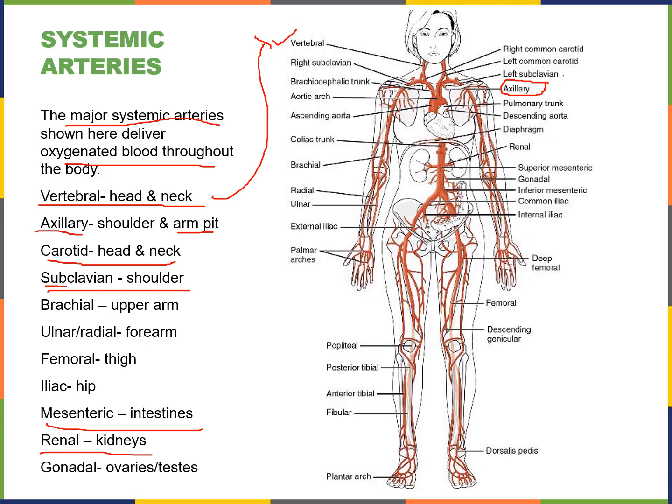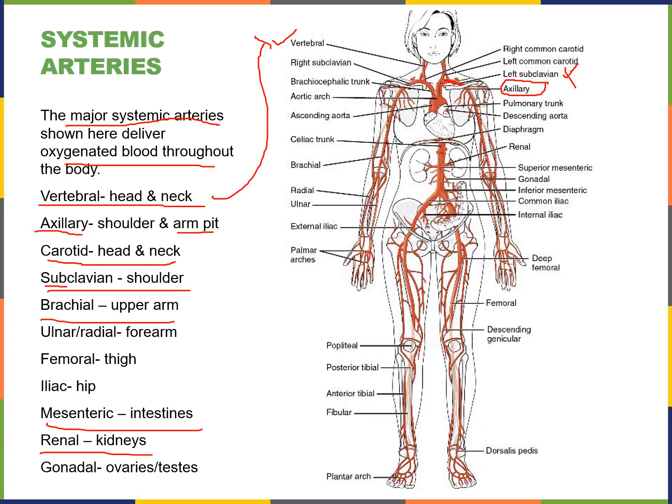And here we see the left subclavian right there. And you can see what I'm talking about. And again, when we get to the lymphatic and immune system, you will need to know where this subclavian vein is. So there's a subclavian artery and a subclavian vein.